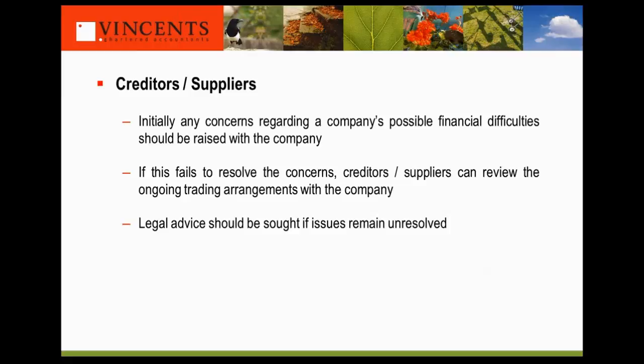But if this isn't the case, or those terms are still not being met, then you really need to seek some legal advice as to what the issues are, and if necessary, you can go down the path of seeking a winding up of the company if your debt owed exceeds $2,000.